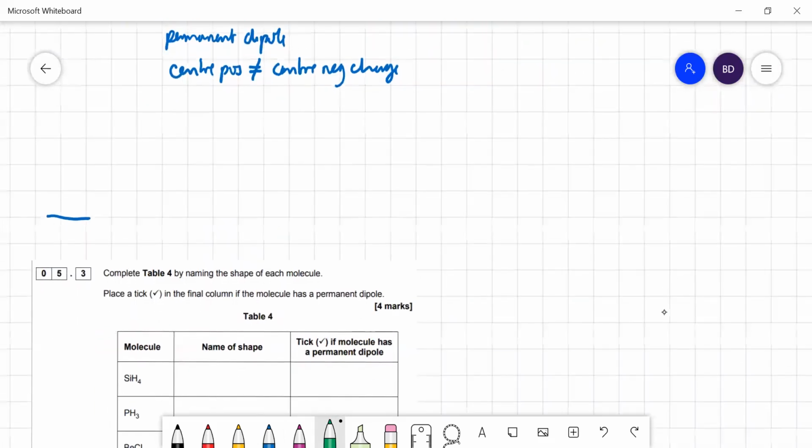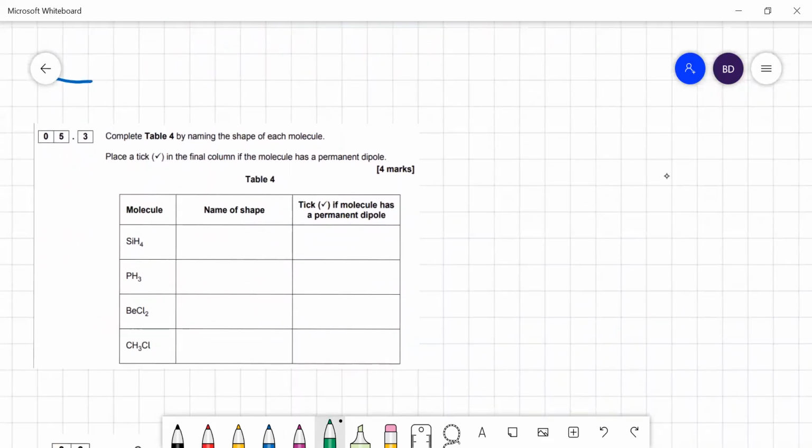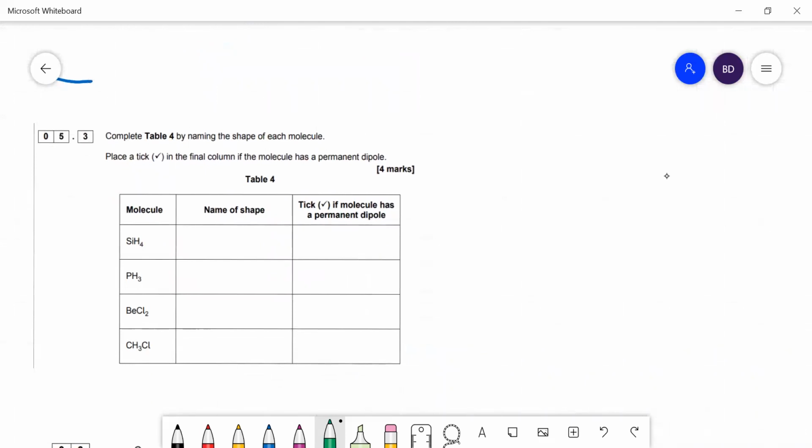Okay, complete table 4 by naming the shape of each molecule and place a tick in the final column if it has a permanent dipole. Right, SiH4. Silicon is in group 4, so it's going to form 4 covalent bonds, and it won't have any lone pairs. So that means, with a dot cross diagram, 4 bond pairs, no lone pairs.